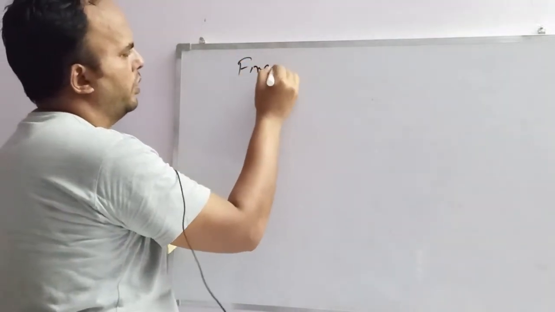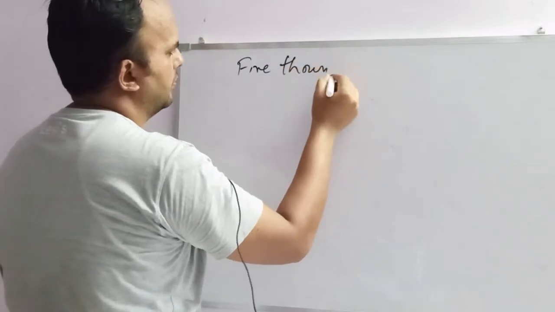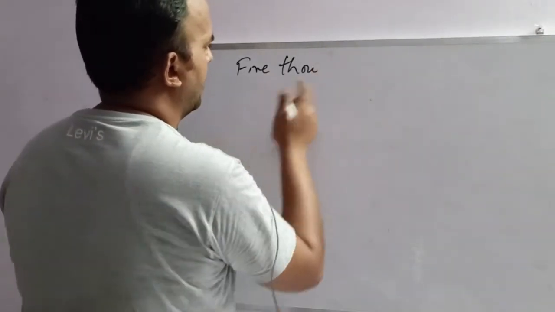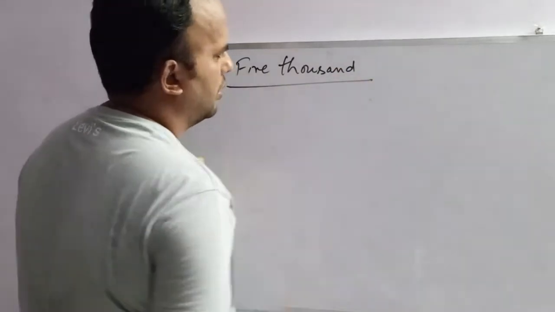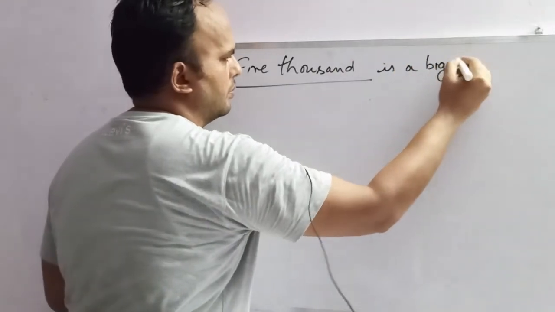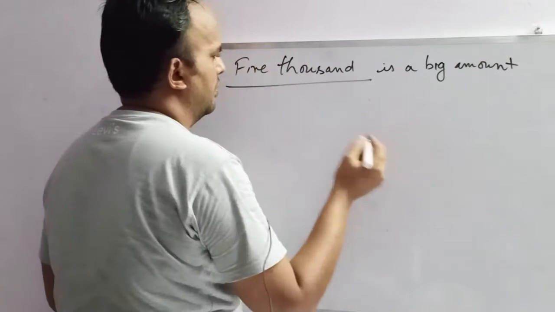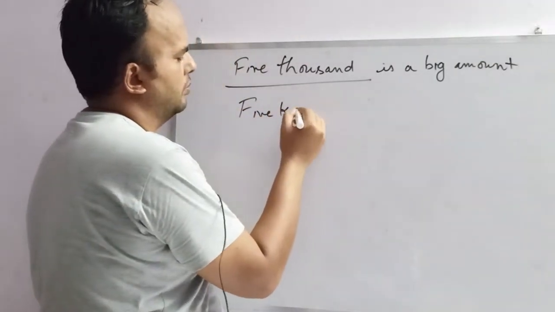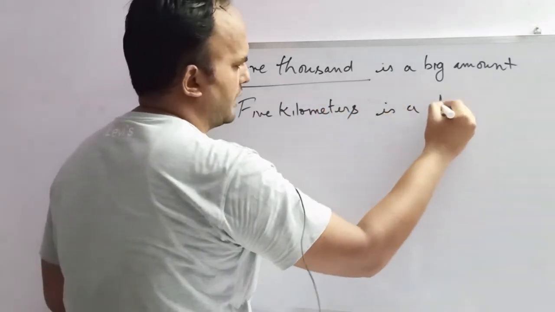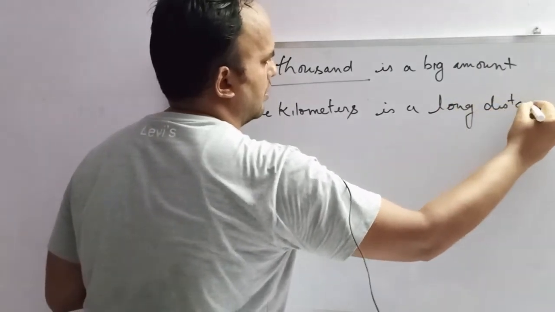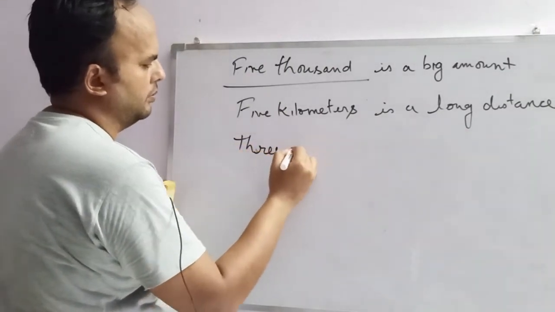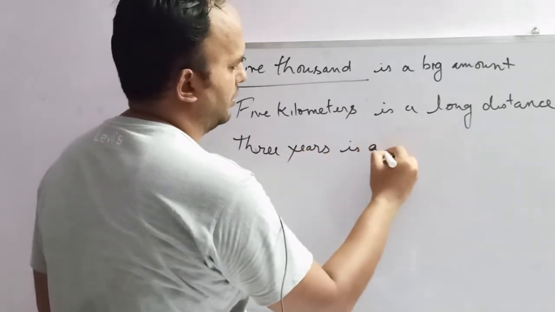Means 5,000 rupees. 5,000 as a unit is a big amount. 5 kilometers is a long distance. 3 years, it's a long period.